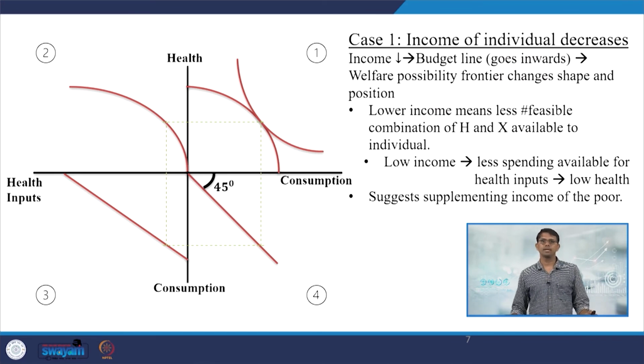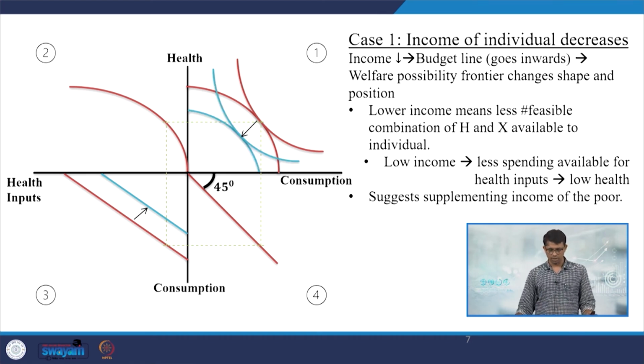We just said that if the income of the individual decreases, then what will happen? The budget line goes inward. Okay, there will be a backward shift. And what are the implications of this backward shift? We know that the welfare possibility frontier changes its shape and position. This is what happens.